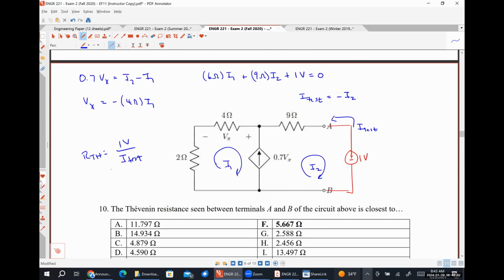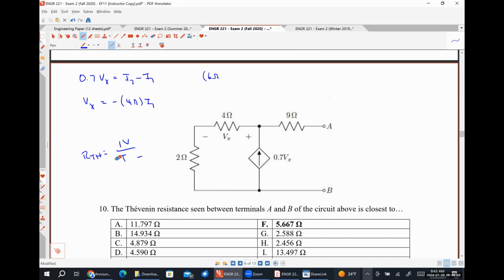So let me erase all this junk. So here's my test current source. Just arbitrarily choosing 1 amp.